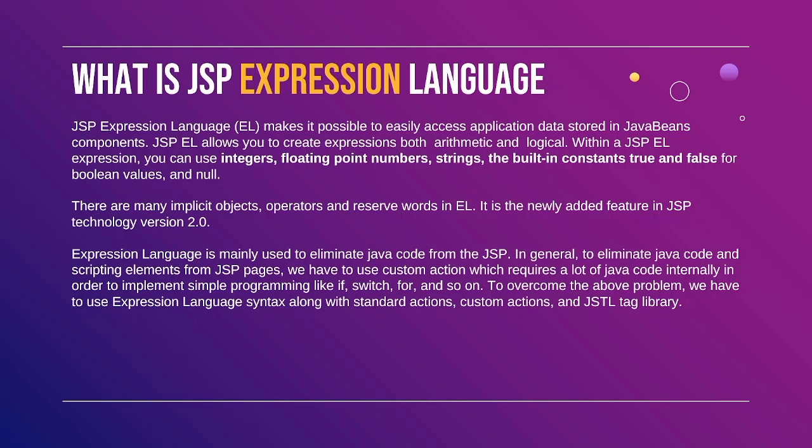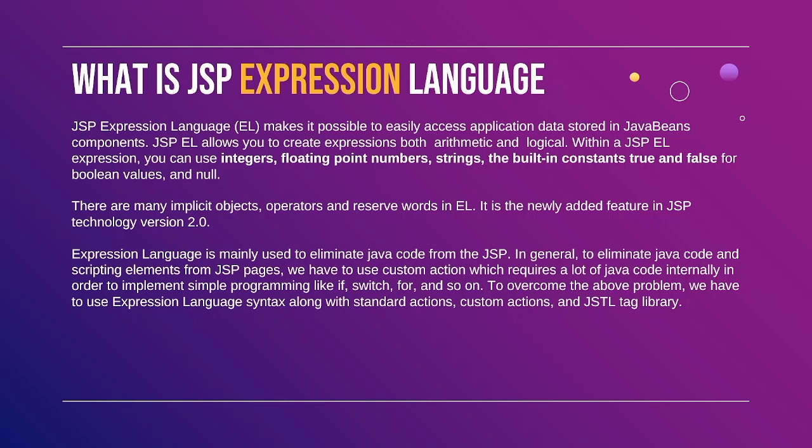So we all know that we could use Java code inside a JSP, which is within a scriptlet tag and so on. But in certain instances, it could get confusing to some users.